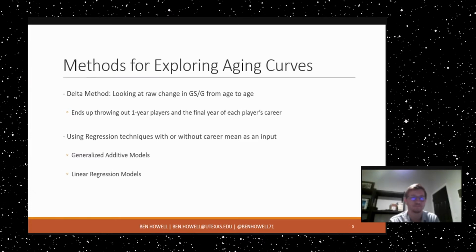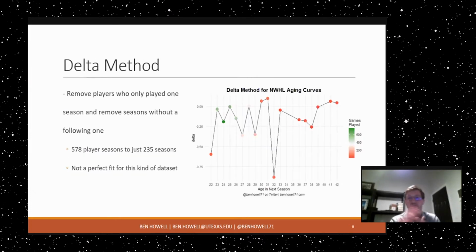All right, so that first method, the delta method, how much does a player's performance change from year to year? So like I mentioned earlier, you have to remove players who only played one year and remove seasons without a following year. And in doing that, we dropped from about 578 player seasons to just 235. And that is a massive drop, and we're losing over 50% of all the seasons in the NWHL.